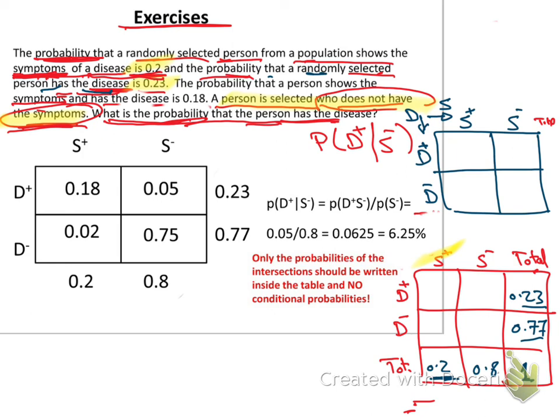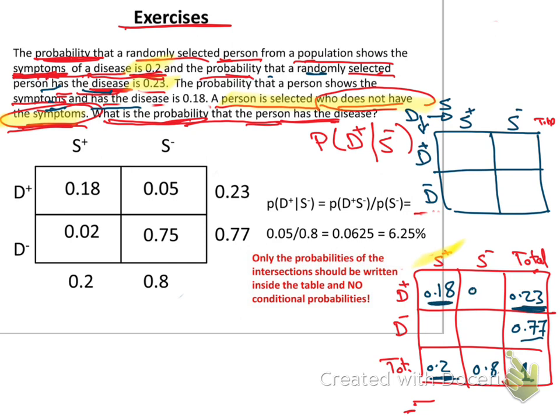But we don't know the intersection between those who have the symptom and the disease, and symptom and no disease, and so on. So he has to give us at least one of them. Here he gave us the probability that the person who shows symptoms and has the disease, 0.18. Symptom and disease, 0.18. From this one the total is 0.23 and this one is 0.8.